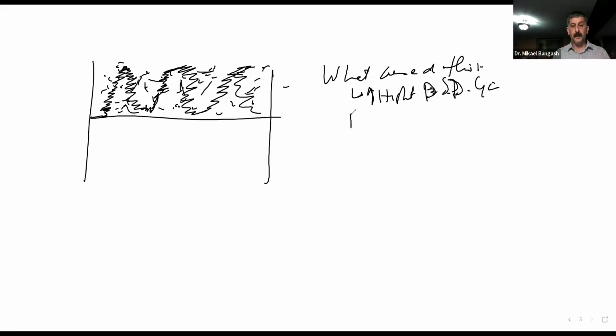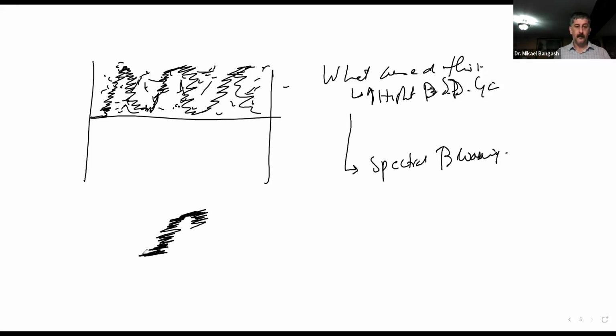But what you also may get as an option, because it may say, what caused this? Spectral broadening. And you guys may say, yes, of course. The graph is not that thin and slender as it usually would have been.